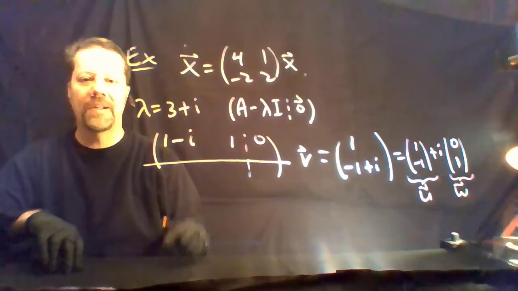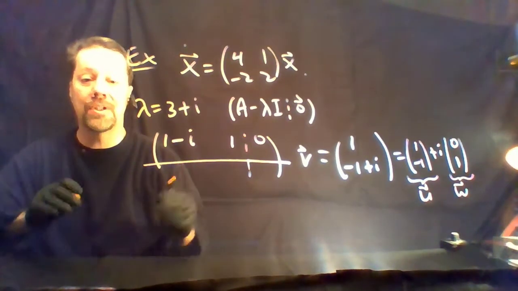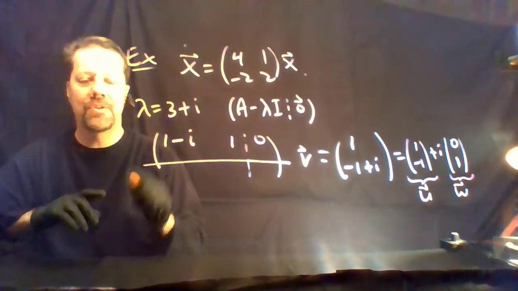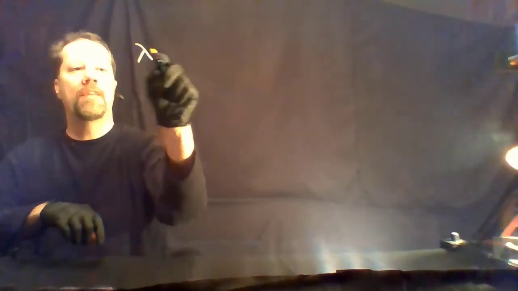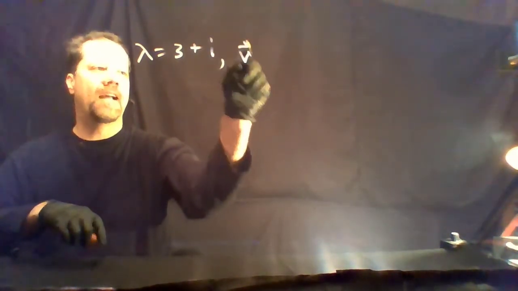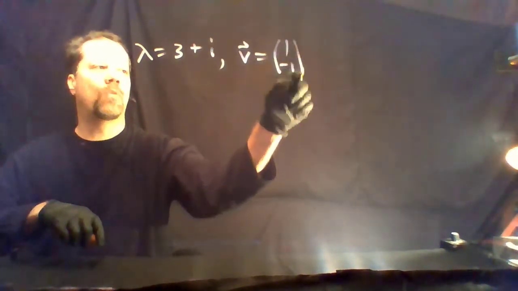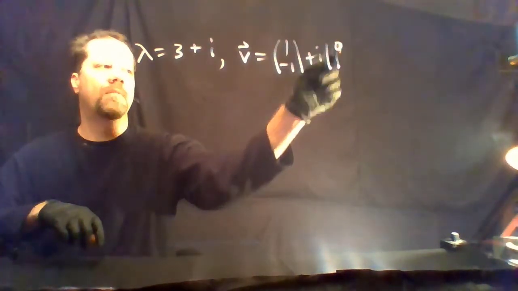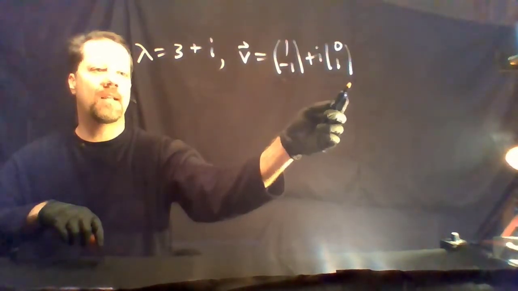It is at this point we can write down the solution to the differential equation. You just need to remember that formula. Remember, we have lambda equals 3 plus i with the eigenvector (1, negative 1) plus i times (0, 1), where this is u and this is w.